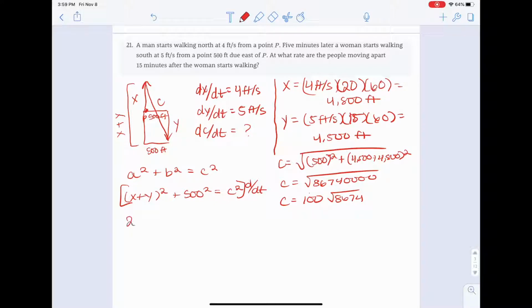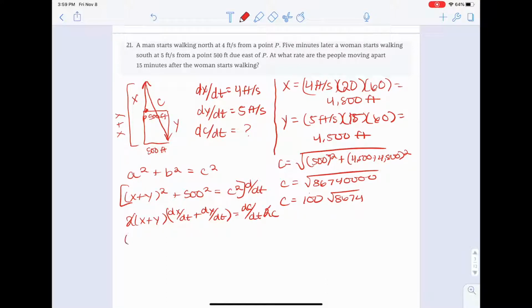So we're going to have 2 times x plus y times derivative of x with respect to time plus derivative of y with respect to time is equal to derivative of c with respect to time times 2c. Okay. So now we're going to input all of the stuff that's in our equation, and we can go ahead and factor out this 2.